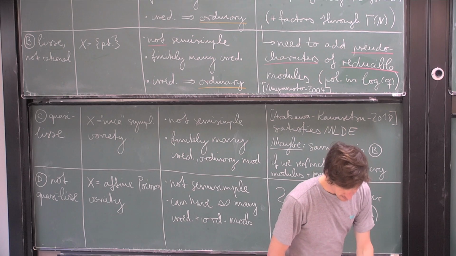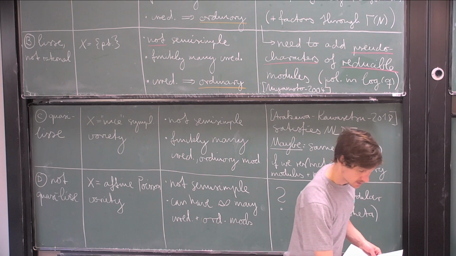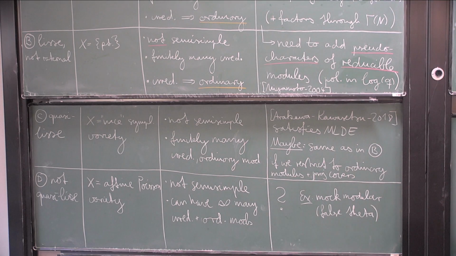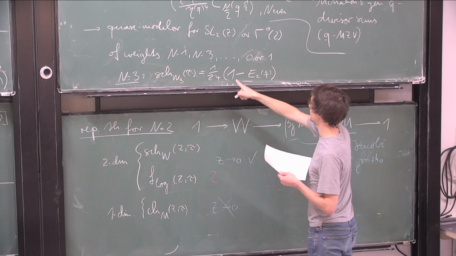Right. Now, I haven't talked about D yet, so I'll make one example for D because it's also kind of nice. Going back to Charles' question very briefly, this is no problem.